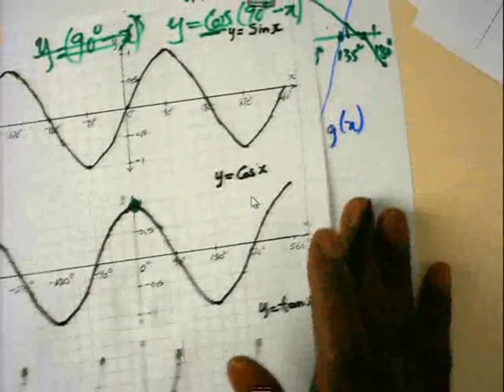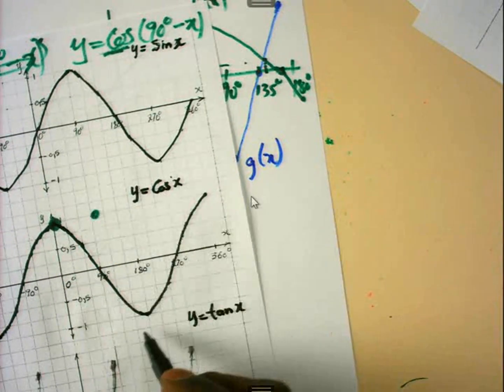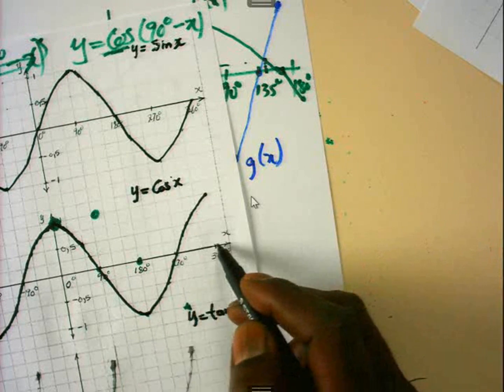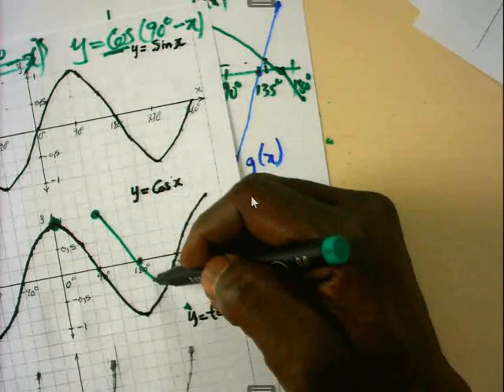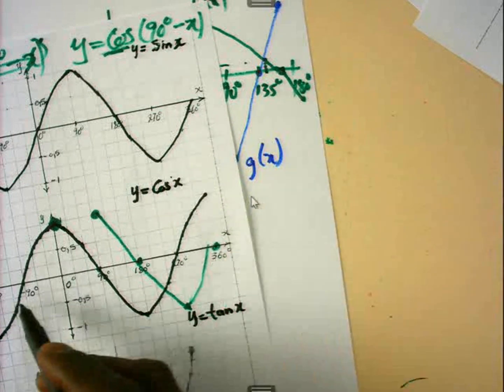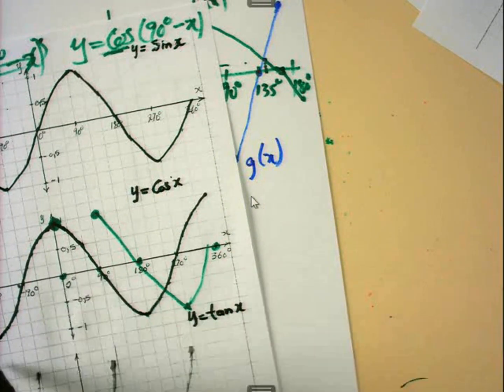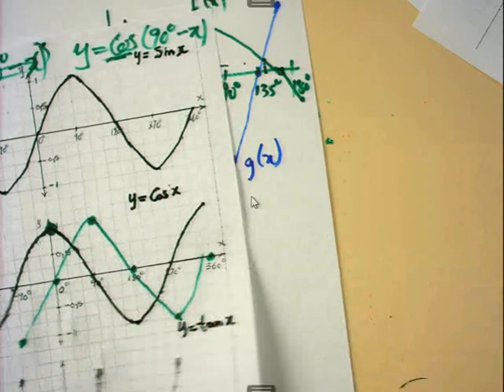So if we've got to do that, this point must move there, that point must move there, and we'll be having this kind of a sketch. Remember, we've got that point that must move there, and we've got that kind of a curve.